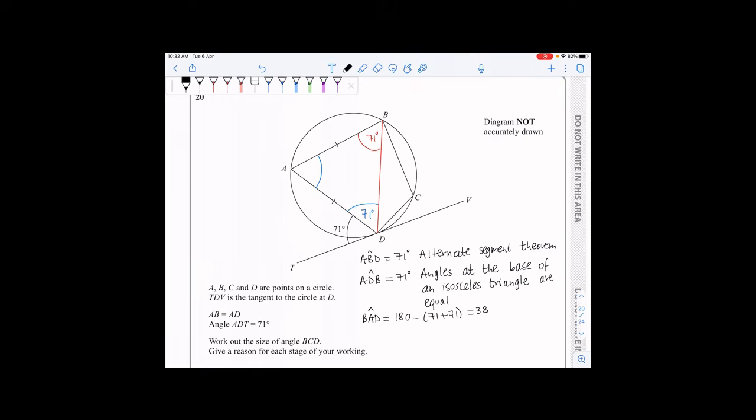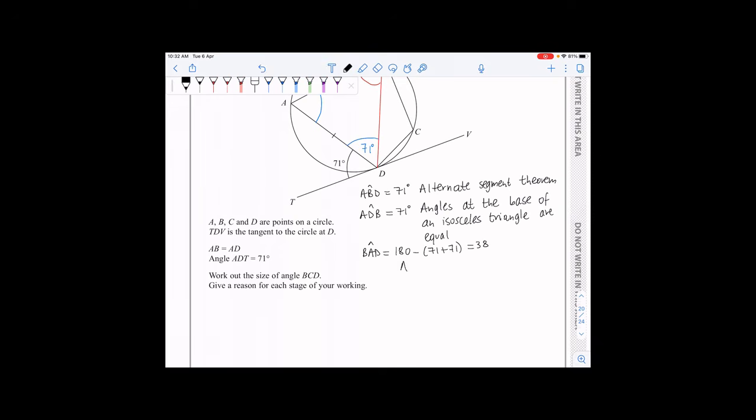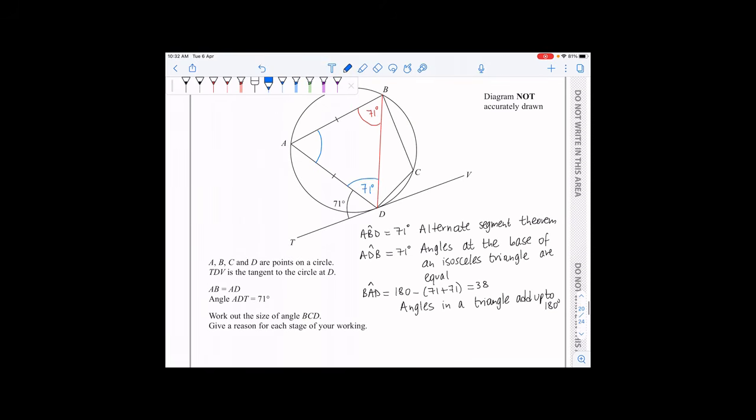The reason is that we've got angles in a triangle adding up to 180 degrees. So angles in a triangle add up to 180 degrees. And then finally, now that we know that this angle here is 38 degrees, we can safely conclude that the angle BCD is 180 minus 38, which is 142.